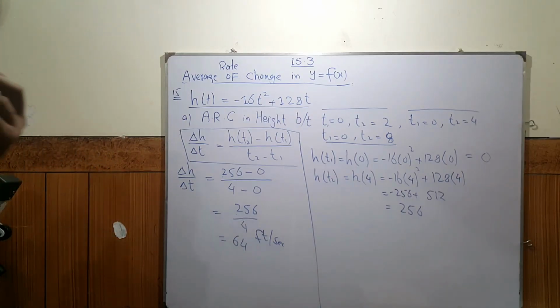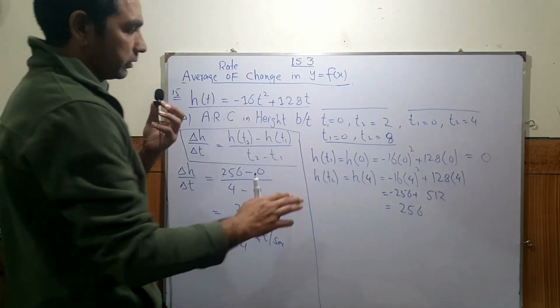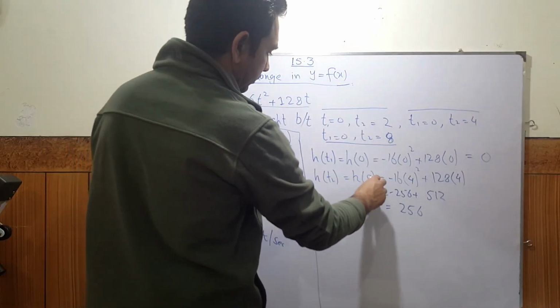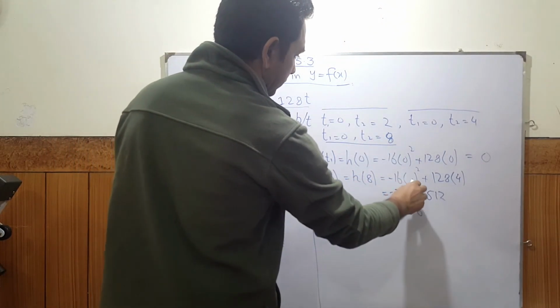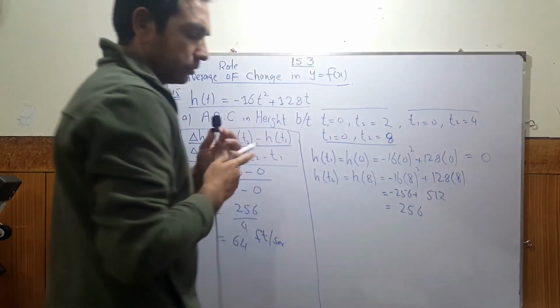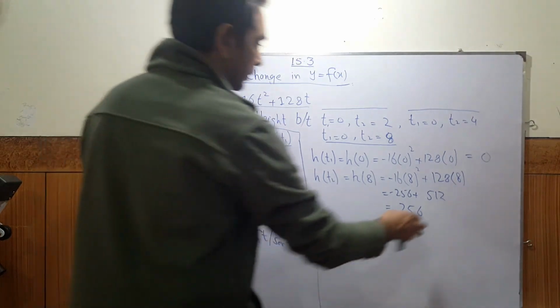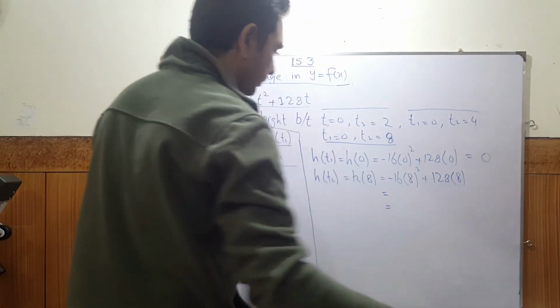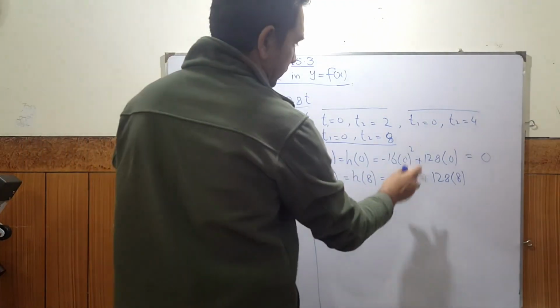In the third one, you just replace t by 8 and calculate the values. This would be 8, so the rest of the calculations you have to work out.